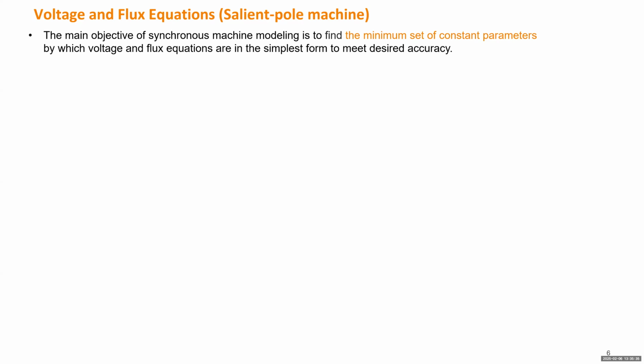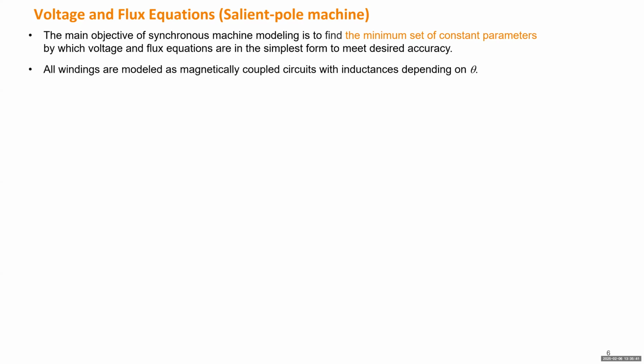We only want to find the minimal set of independent constant parameters. So writing down the equations may be easier, but finding a good set of equations with a minimal set of constant parameters may need some effort. We're going to use the following slides to demonstrate how to find a good model for the synchronous generators.